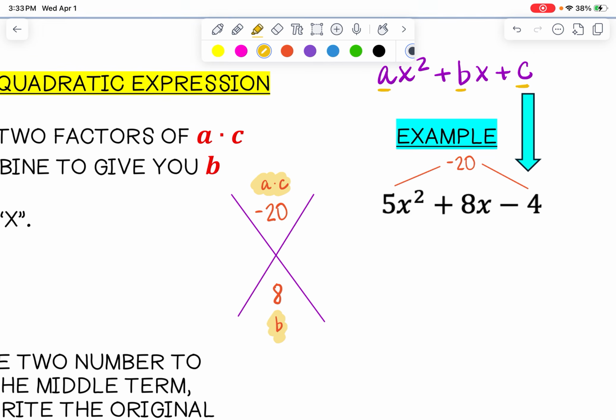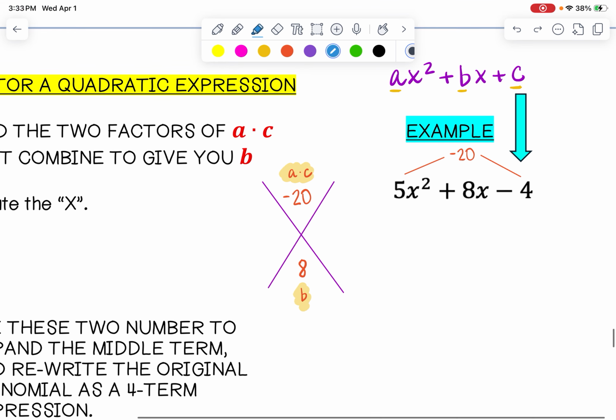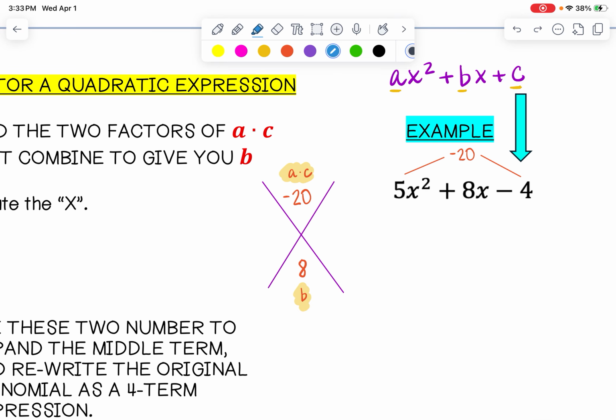So what we mean when we complete it is we want to know what are the only 2 numbers in the world that will multiply to give us -20, but add to give us 8. Multiplies to give us -20, but adds to give us 8. Okay, and so I'll show you how to do that on the calculator in a minute.